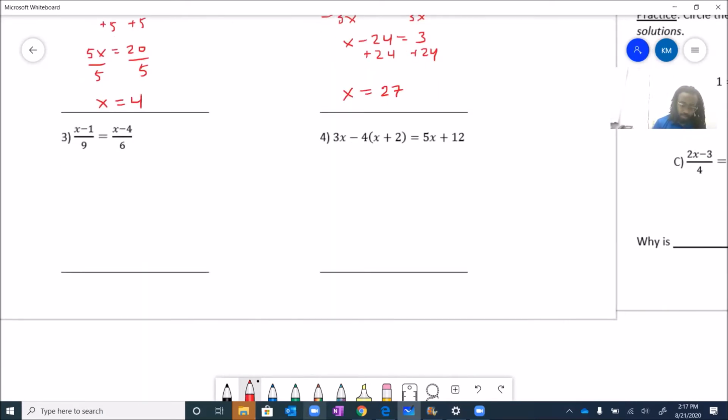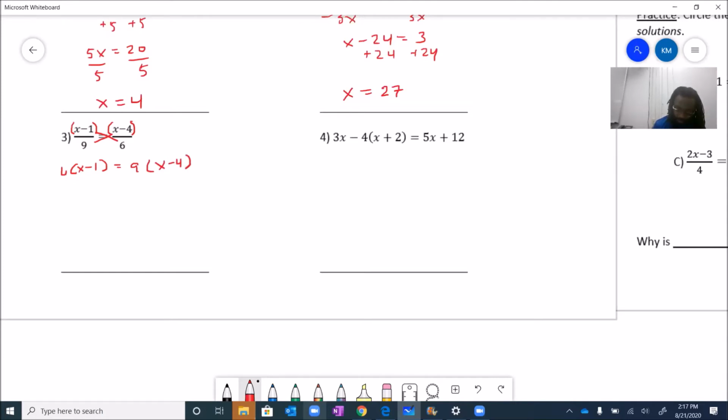Number 3, we have a proportion, x minus 1 over 9 and x minus 4 over 6. Remember, proportions, we'll solve these by cross multiplying. My hint is to always put this in parentheses so you remember to multiply the whole group and not just the first number. And when you do that, you will get 6 times (x minus 1) equals 9 times (x minus 4).